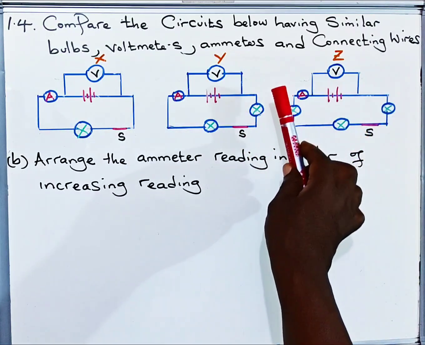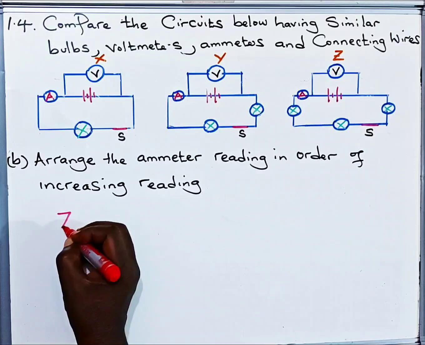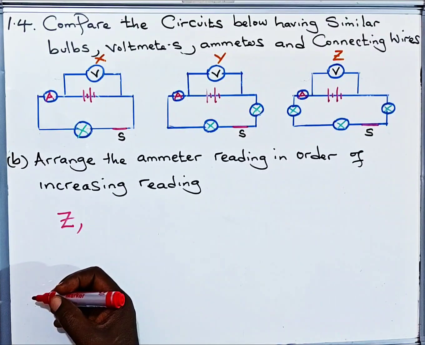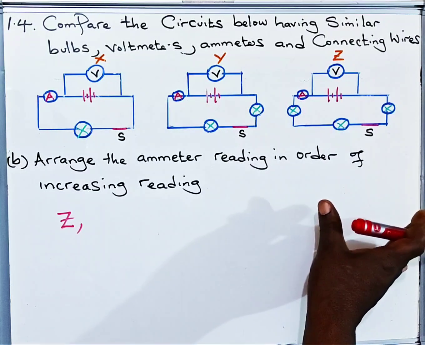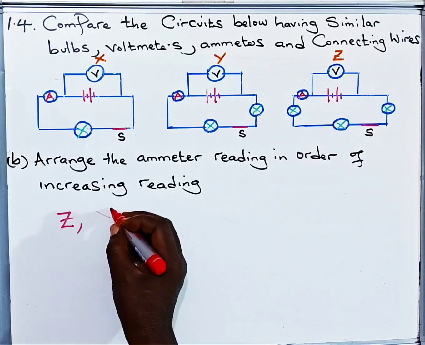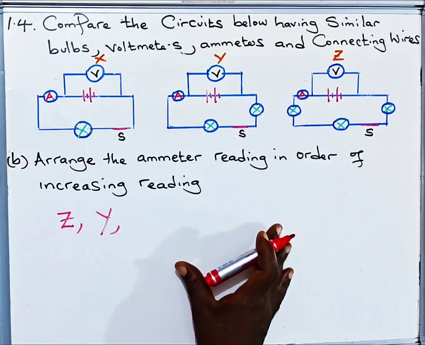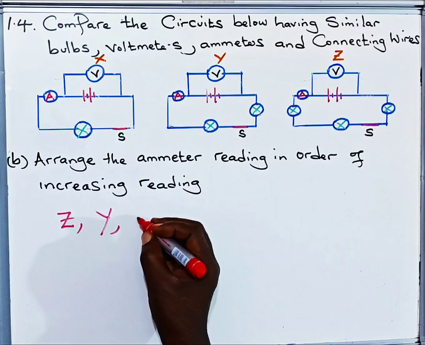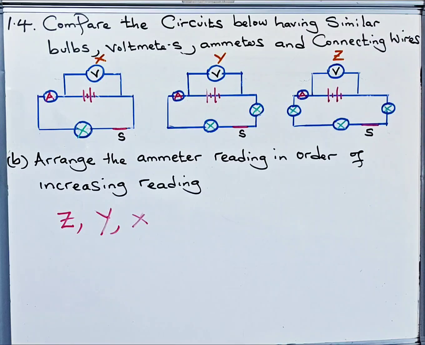And the higher the resistance, the lower is the current. So Z will have the lowest reading because it has 3 bulbs, so it has a higher resistance, followed by Y, which has 2 bulbs. So the highest will be X. That's the order.